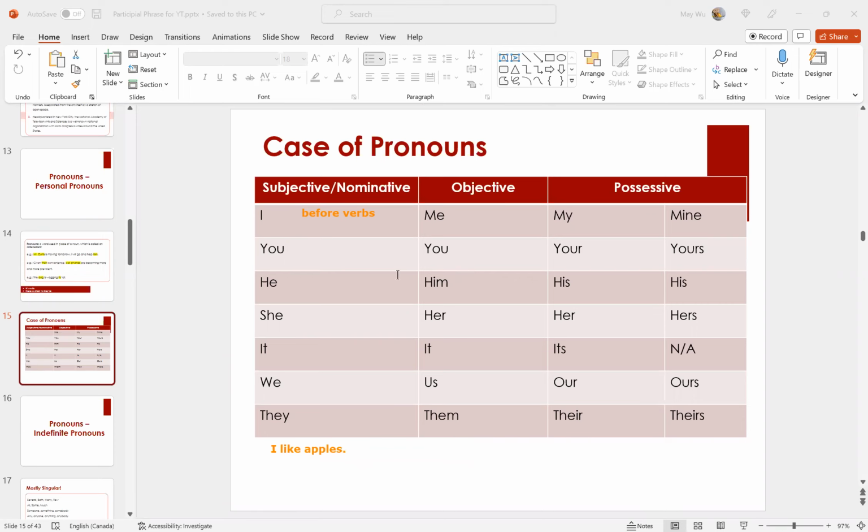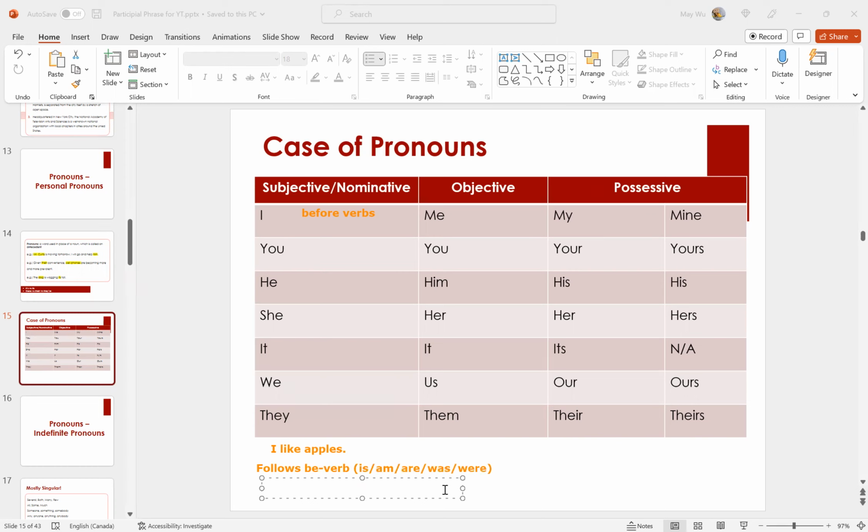So something interesting is if the pronoun follows a be verb, as in is, am, are, was, were, has been, have been, had been, and so on and so forth. There are a lot of conjugated forms. You have to use the subjective case. So let's say if I asked, who ate my cookie? You want to confess, right?